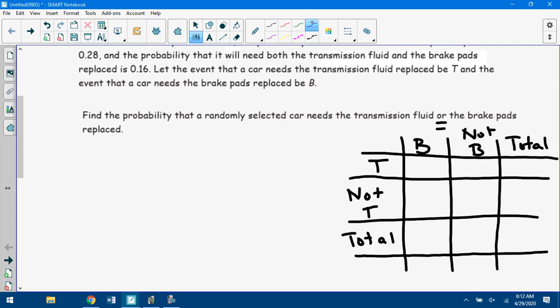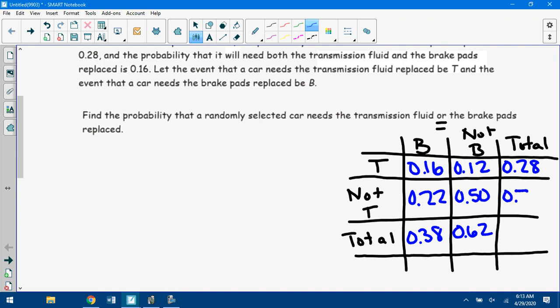I'm just going to fill them in for you. This is 0.16. This is 0.22. This is 0.38. This is 0.12. This is 0.50. This is 0.62. And then finally, this is 0.28. This is 0.72. This is 1.00.